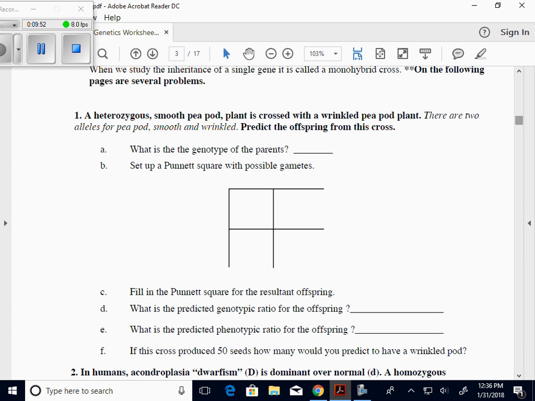Now, what are the genotypes of the parents? I'm just going to use S. Okay? So if I'm writing a heterozygous smooth, I'm going to do this. Now, why did I put that little line above that S?